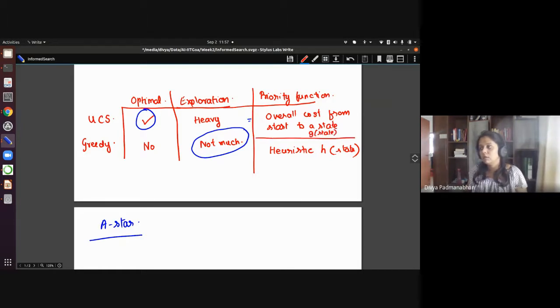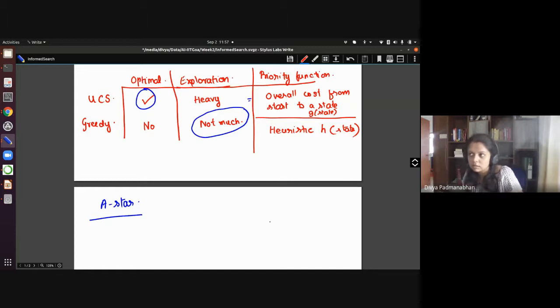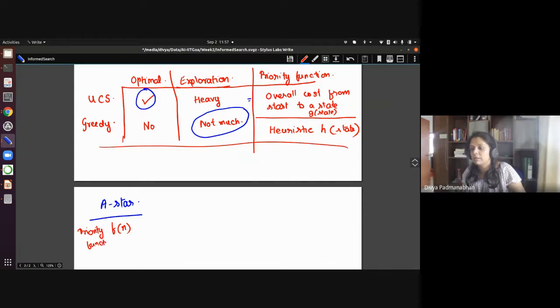So what A star is going to do is use the same algorithm, the same priority queue, but instead of the priority function being either of these, the priority function here, f of n, is just g of n plus h of n. It's just the sum of these two.